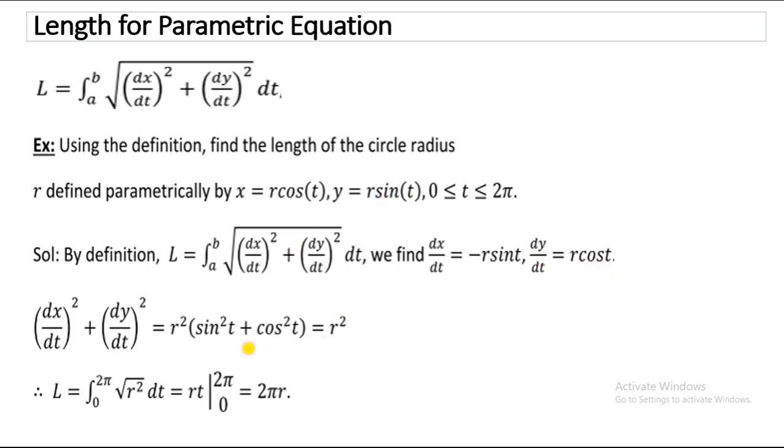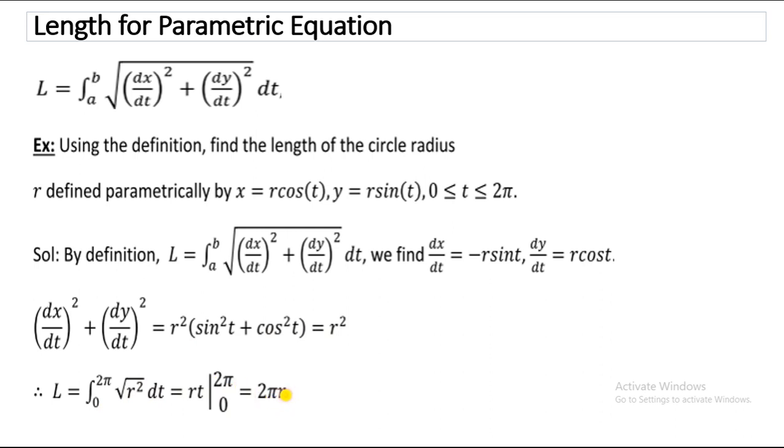Squaring and adding, I know sine squared plus cosine squared is 1, so I get r squared, and the square root gives r. The integral of r dt from 0 to 2 pi gives 2 pi r.